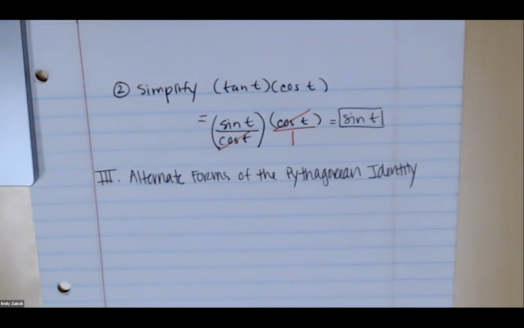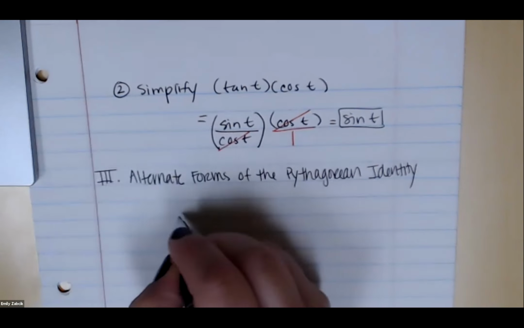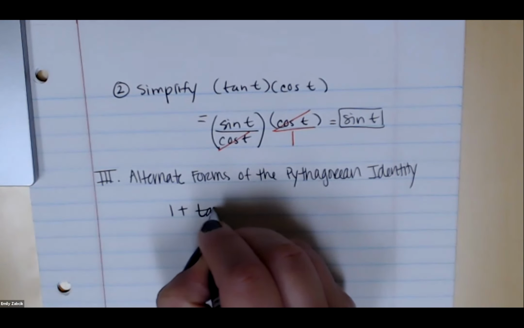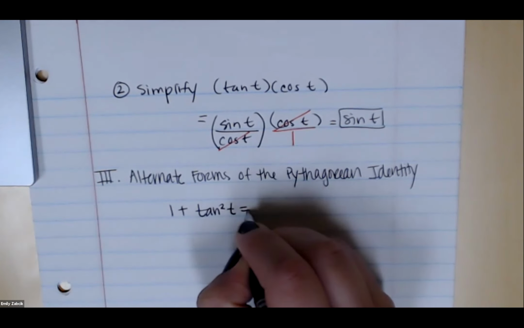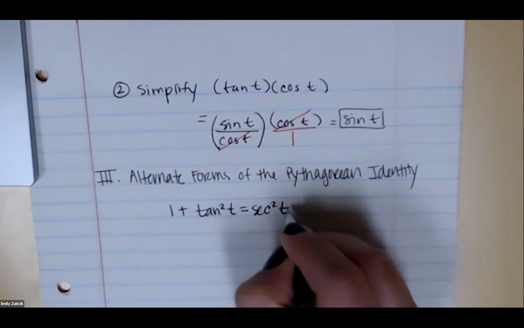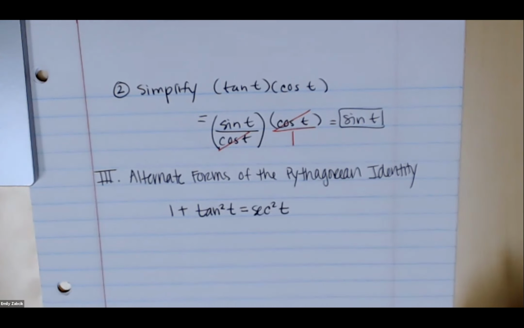Now, when we were working around with figuring out all the ordered pairs on our unit circle, we already saw the cosine and sine one, but there are other ways that we can relate it, and it all goes back to some of these simplifying: you have 1 plus tangent squared t is equal to secant squared. That's another Pythagorean identity that we can pull out.